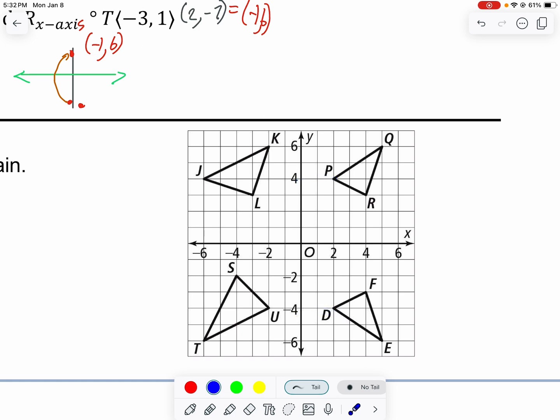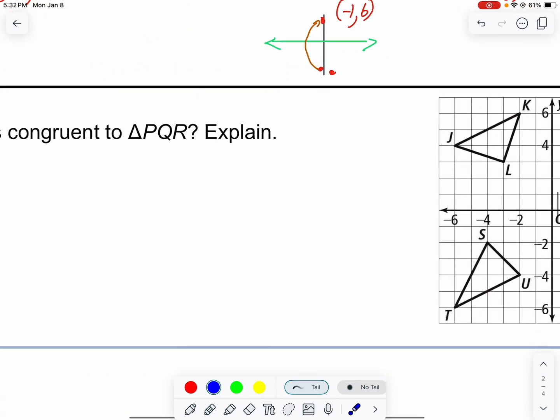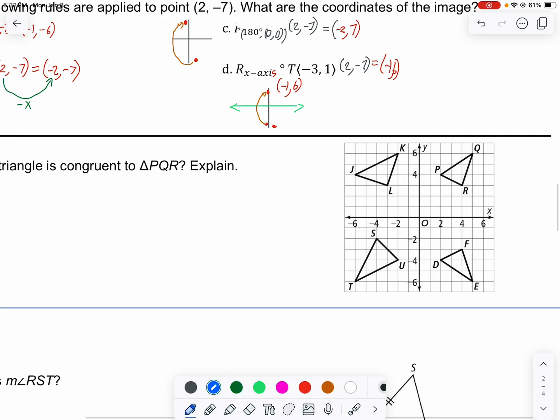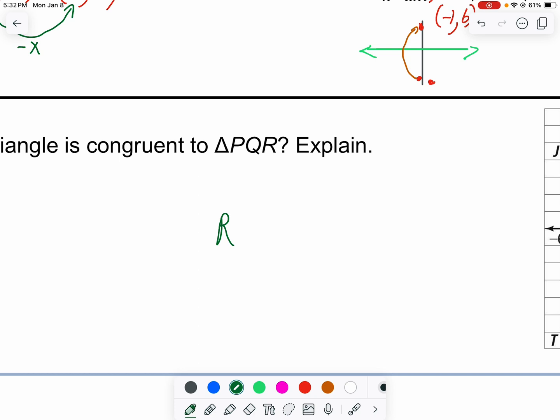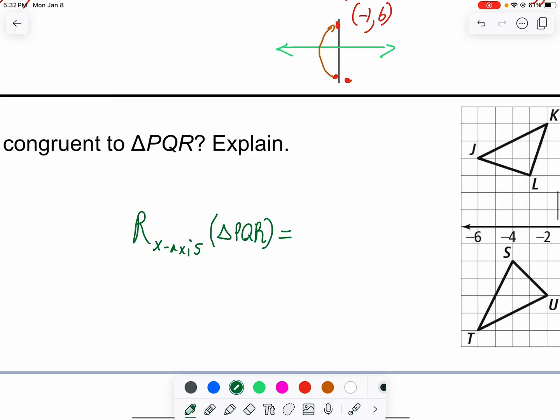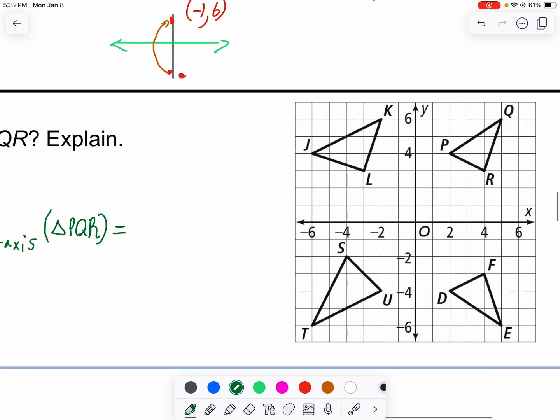So it's definitely looking like a reflection. We can actually write that out and make a reflection rule. We can reflect across the x-axis the shape, triangle PQR. We're going to reflect that across the x-axis, and it creates triangle DEF.